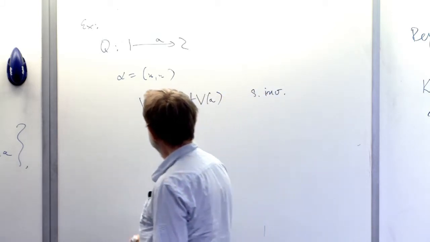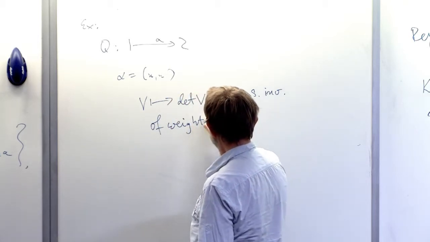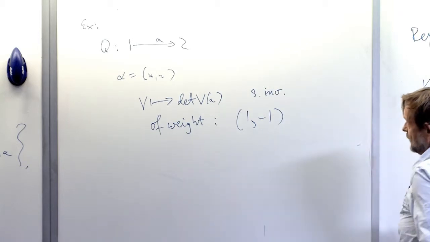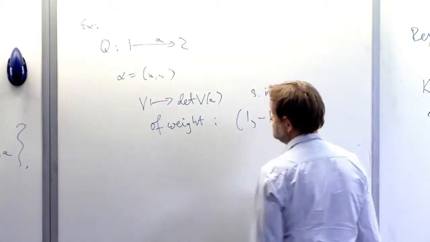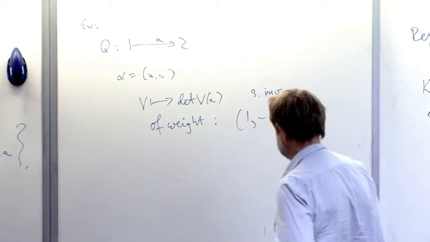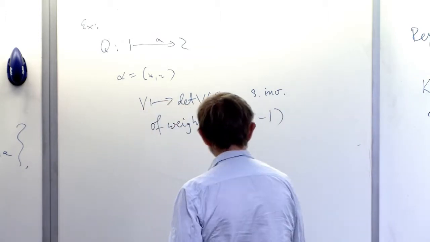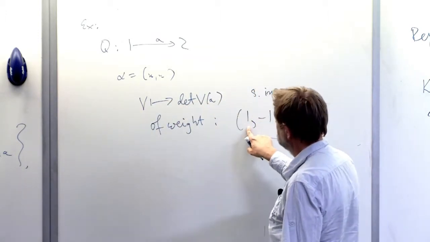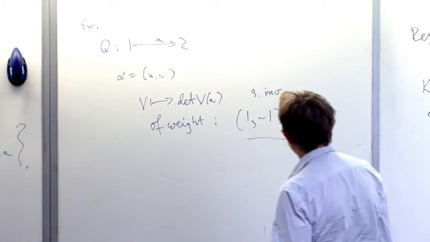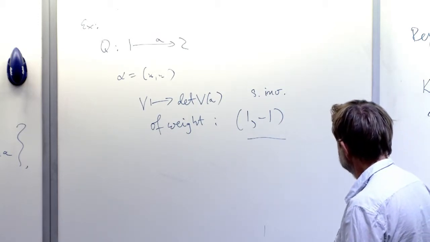I like to think of this as being of weight (1, -1). There are two competing notations, but usually I do this. So it transforms with the product of the determinant there with the determinant inverse. Some people use the negative notation, but it's just cosmetics. So this means it transforms with the power of the determinant at vertex 1 and minus 1 at vertex 2.